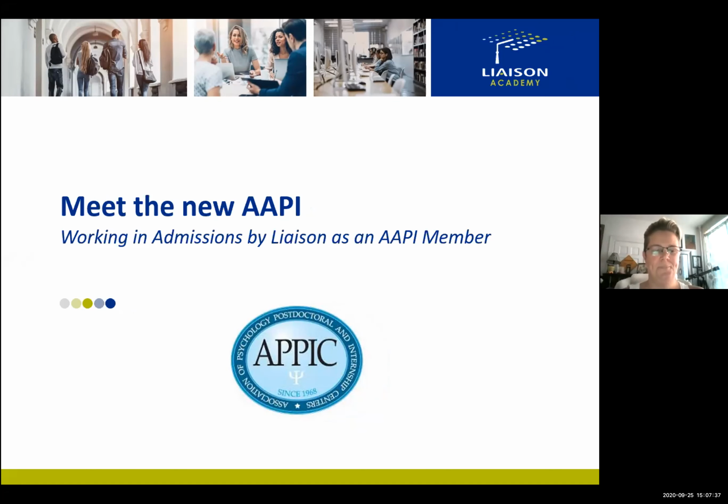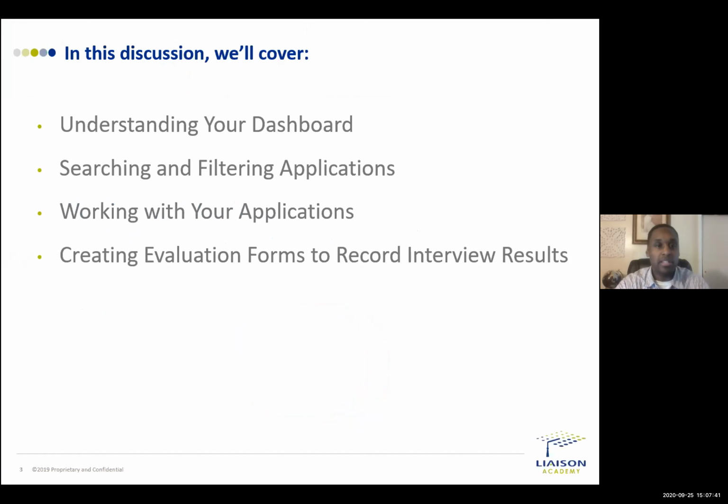Okay, awesome. All right, so just to cover quickly the things that we'll be talking about in this session related to admissions. We're going to start by talking about the dashboard of the system and how to find applicants, how to look for information that's relevant on them.